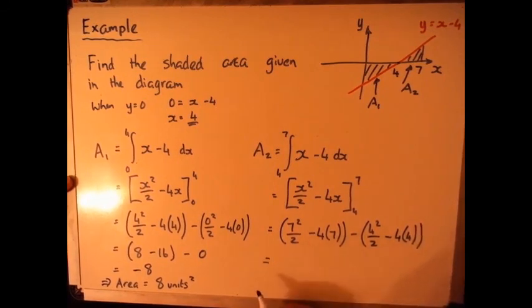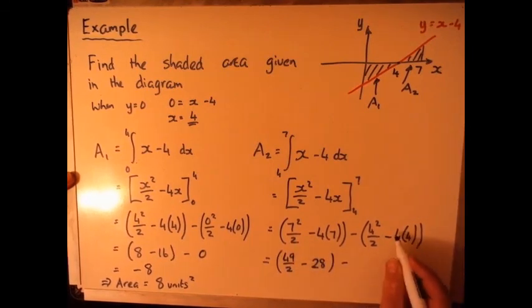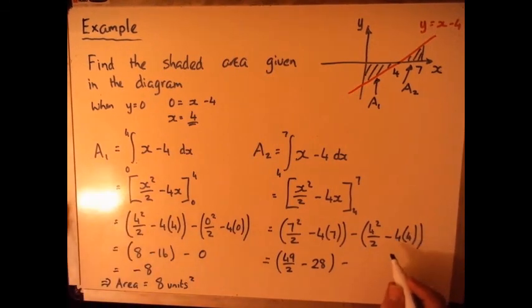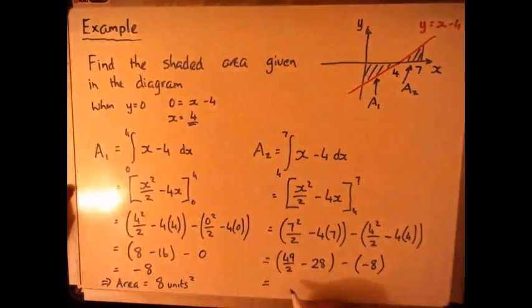Can evaluate this first bracket here, we end up getting 49 over 2 minus 28. And this second bracket, we've actually already done over here. We've already put this limit of 4 into it, so we know that this bracket here is going to give us a negative 8. So going ahead and working this out, we end up getting an answer of 9 over 2.